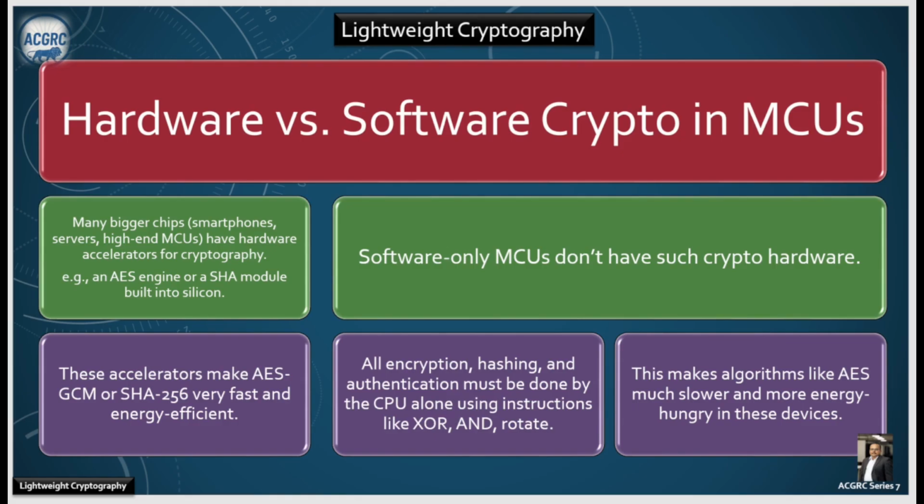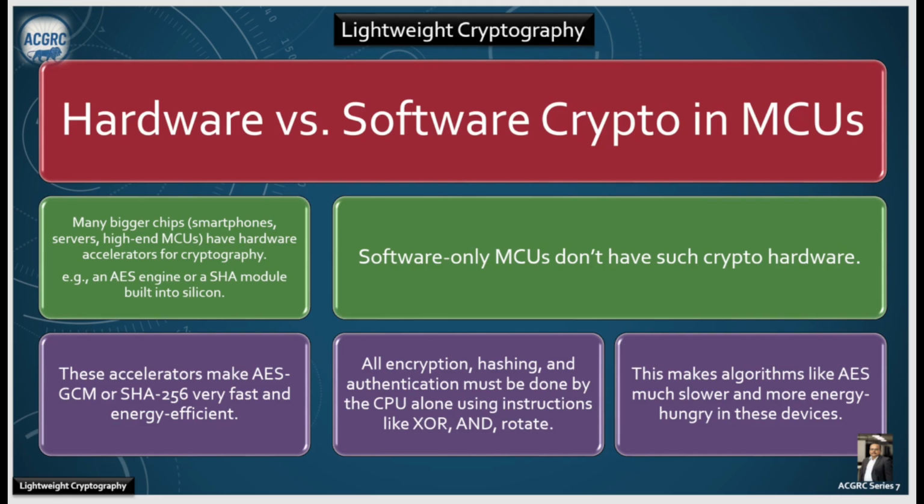Whereas software-only MCUs don't have such crypto hardware. All the encryption, hashing, and authentication must be done by the CPU alone using instructions like XOR and rotate. This makes algorithms like AES much slower and more energy hungry in these devices.